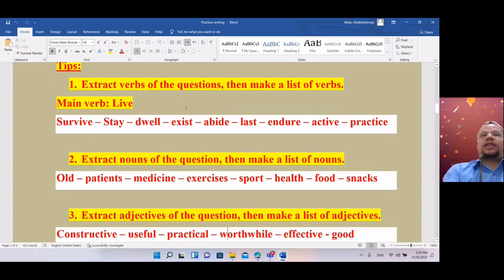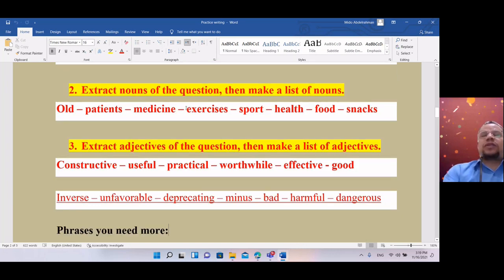Look now at number 3, adjectives. For example, we got in the question the adjectives positive and negative. For positive you can use synonyms such as constructive, useful, practical, worthwhile, meaning very good, effective or good.